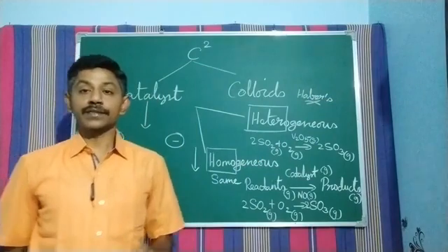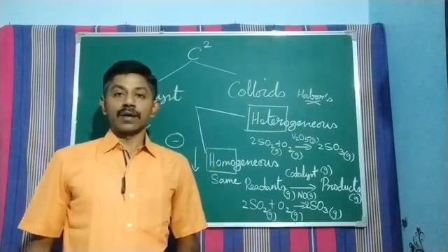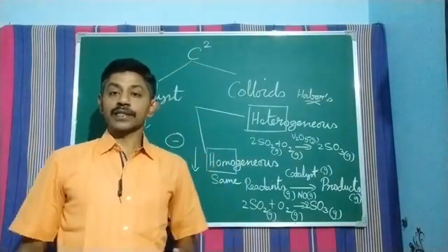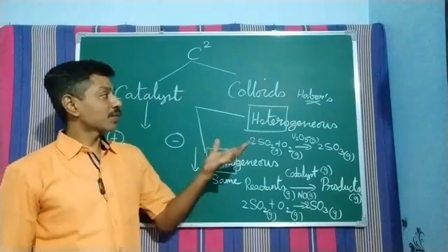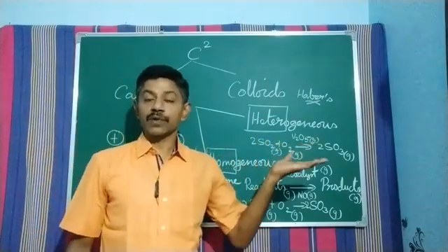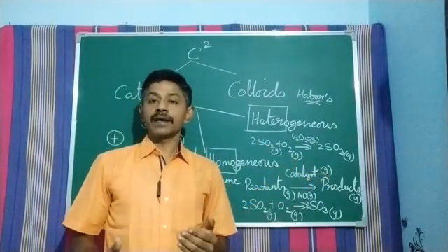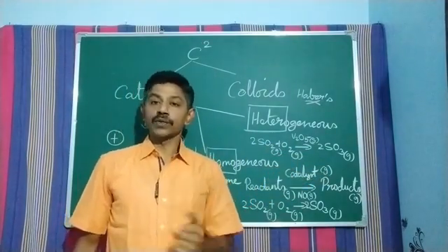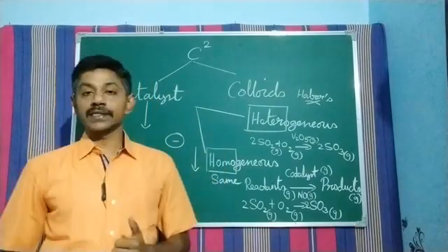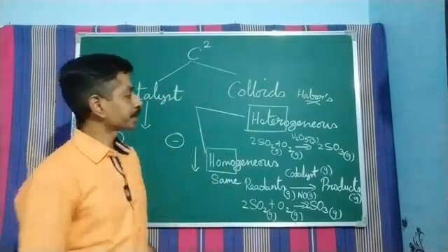Ammonia manufacture is a very important process because our country is an agriculture-oriented country. In India, we have to talk more about Haber's process and preparation of ammonia because we have to prepare fertilizers like urea. So ammonia's presence is very, very important.